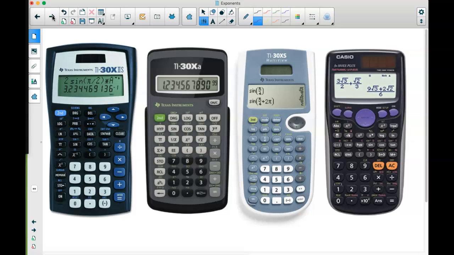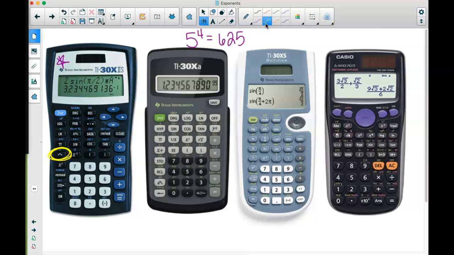If I want to figure out 5 to the 4th power using my calculator, which we already know is 625, and you have a calculator like the first one here, there is a button. I'm going to try to circle it so you can see it right here. Everybody see that?